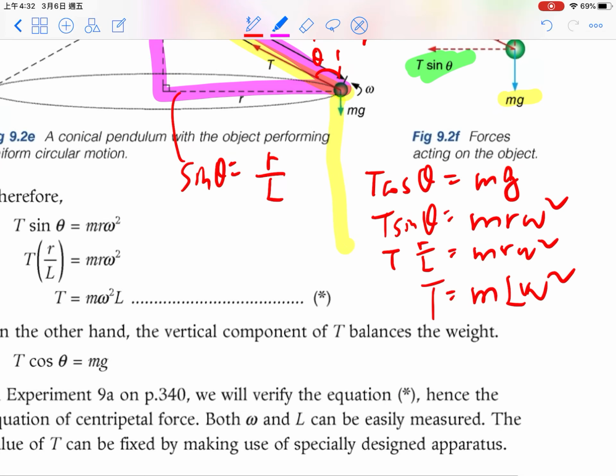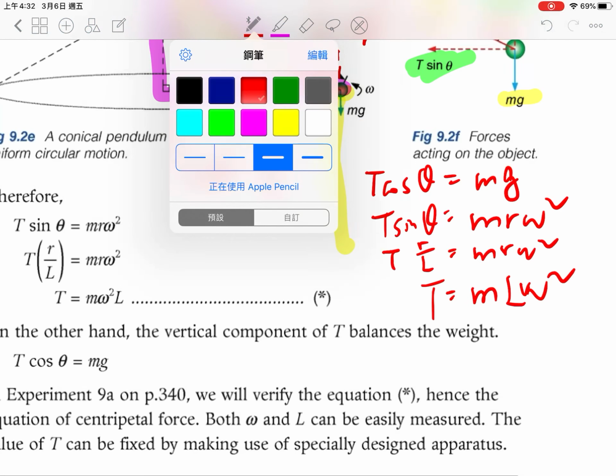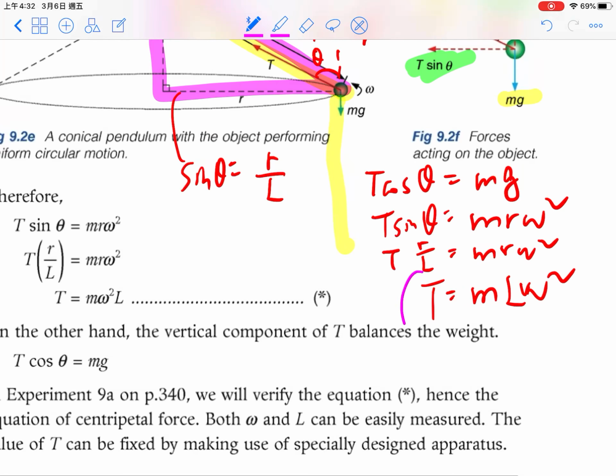So we have the equation here: T equal to ml omega squared, while this T is equal to Mg. So we can find out M by using an electronic balance.